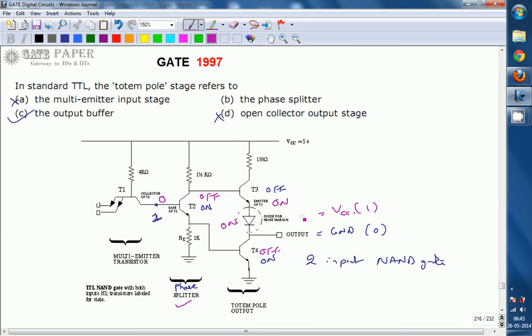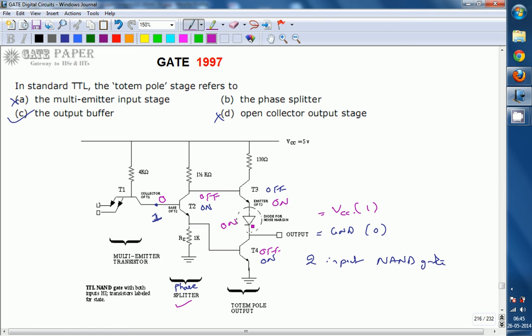This diode ensures this, ensuring the proper operation of the totem pole. By including this diode, you get two advantages: there will be proper operation of T3 at the output, so only one transistor will be on, and the other advantage is that it increases the noise margin.